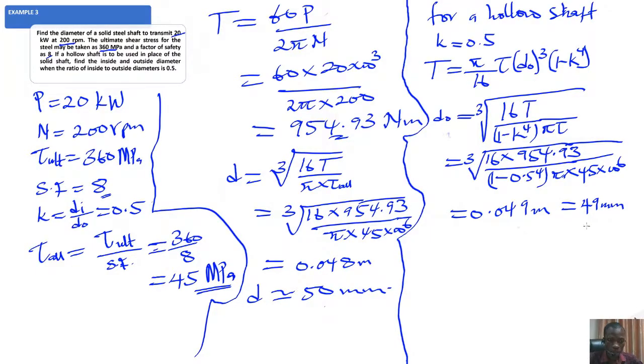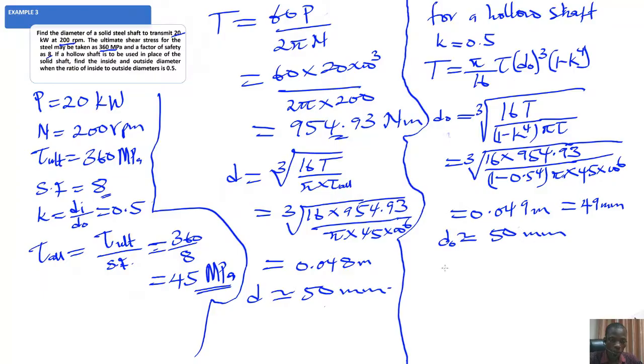And this value here, of course, is not a standard value. On the table, we can conveniently use 50 millimeters. So we can say that D naught is approximately 50 millimeters.